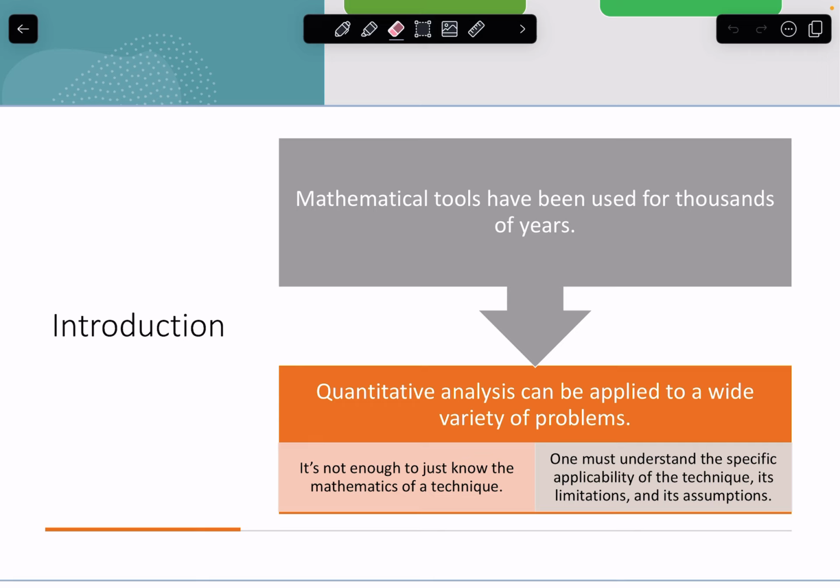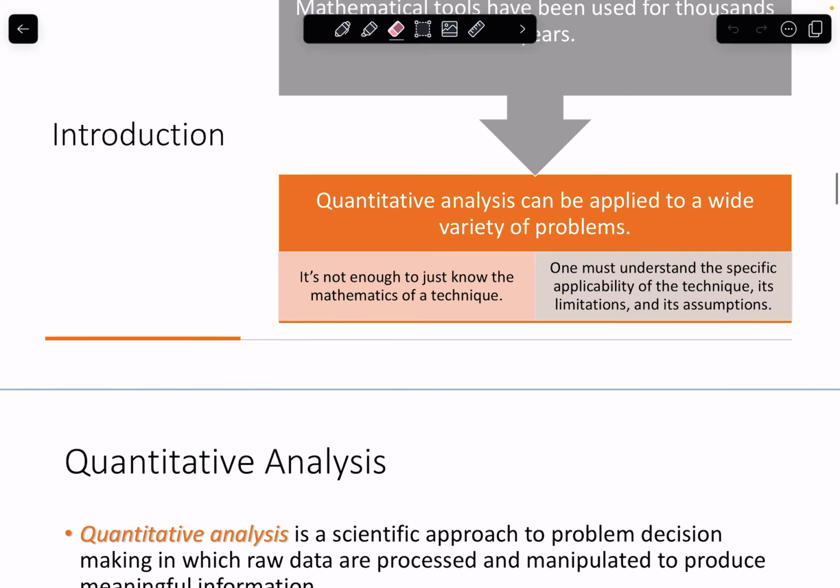So it is not enough to know the mathematics of a given technique; we should know how to properly apply that mathematics. Knowing mathematics is the first step. However, applying these techniques to real-world or real engineering management applications is what makes quantitative analysis.